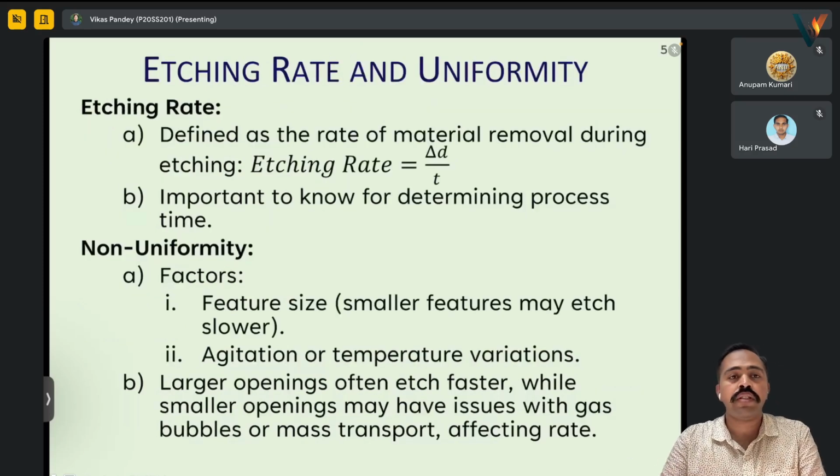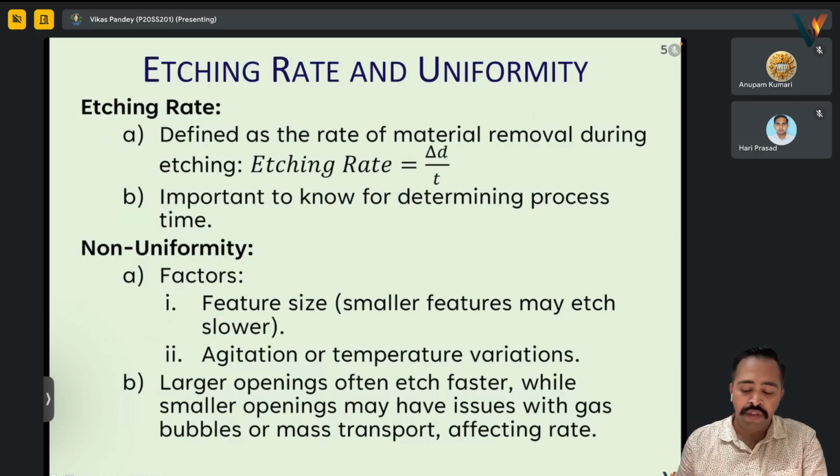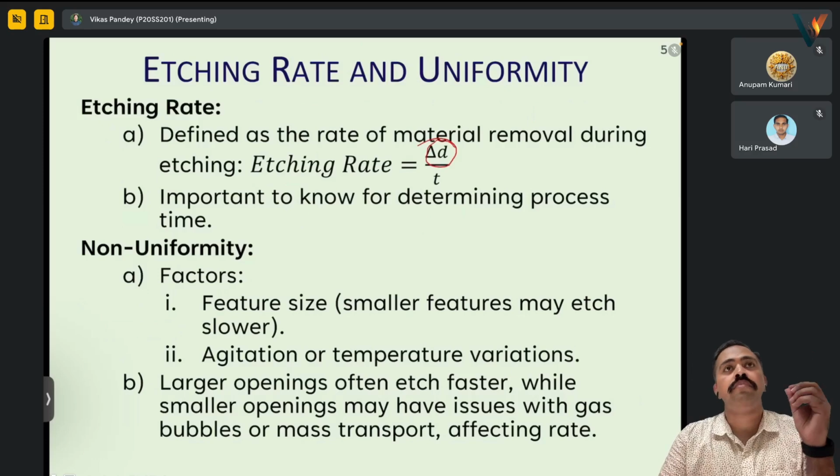So first thing is etching rate and uniformity. Etch rate, or etching rate, is defined as the change in thickness, or the material removed, delta D, by time.